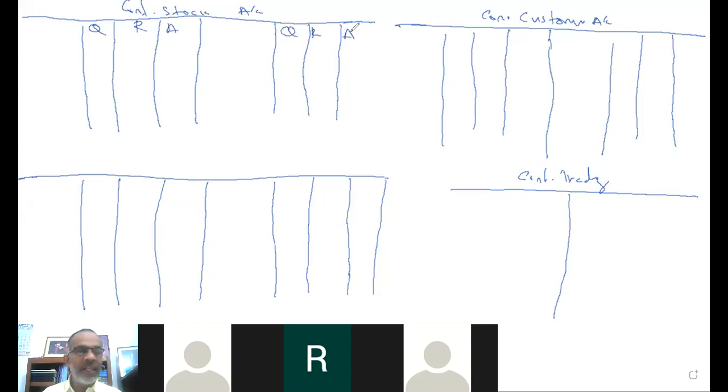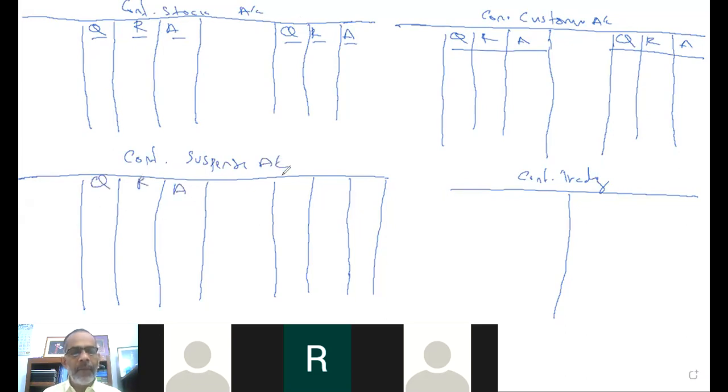We have discussed those things in the earlier class. This is the second example. Quantity, rate, amount. We have to record. Next one is the container suspense account. Quantity, rate, amount.